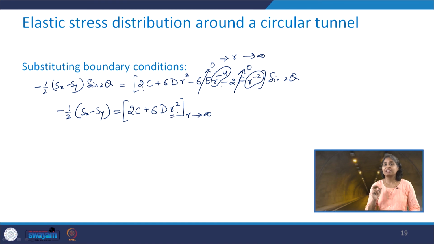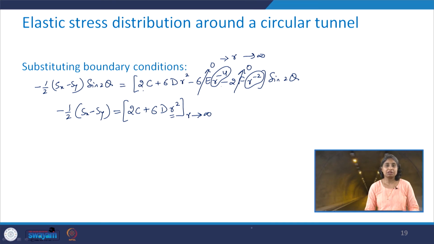You can never get infinite stresses. So, what is the solution then? The only way that we can sort this out is if we say that d is equal to 0. When the second term, that is 6d r square, becomes equal to 0, then only this equation has some physical meaning.